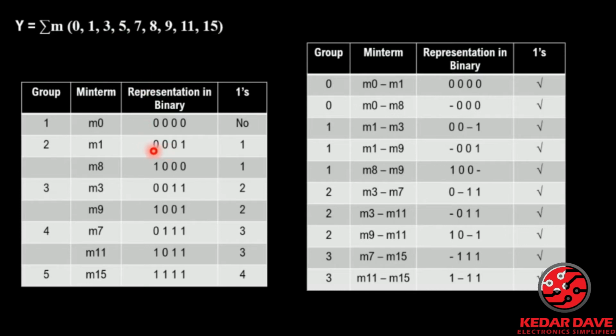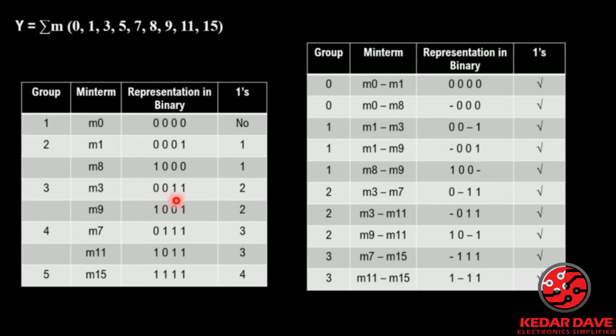After that, check how these values differ: 1 and 8 both have a single one. In that condition, we don't mind the places of that one; we are just taking account of a single one only, right?